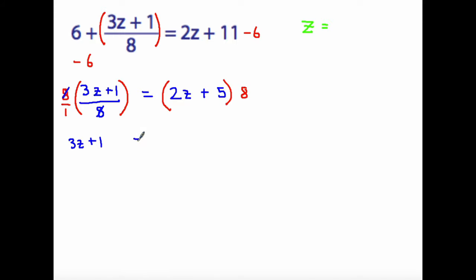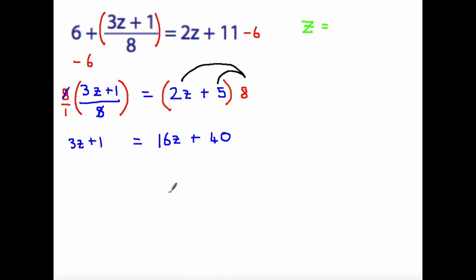Okay, and on the right hand side, this 8 over here would have to multiply into both terms. Not only one term, into both terms, because I'm multiplying the whole side, not only part of the right hand side. Okay, so 8 times 2z is 16z, and 8 times 5 is 40.